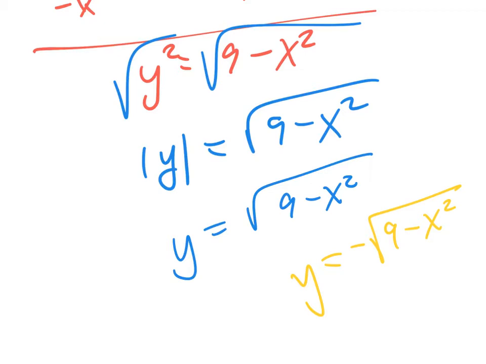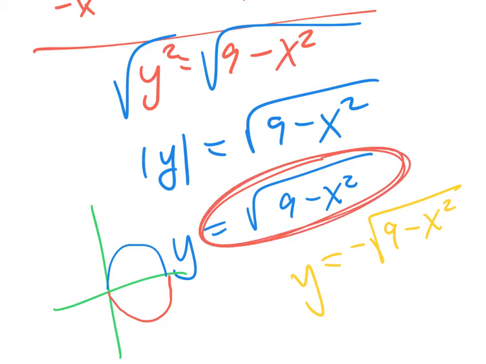So the first half circle looks like this, and the other half circle is a flipped over circle like that. So a circle is really made up of 2 functions. The top half of the circle and the bottom half of the circle. If you break it into 2 half circles, then they're both functions.